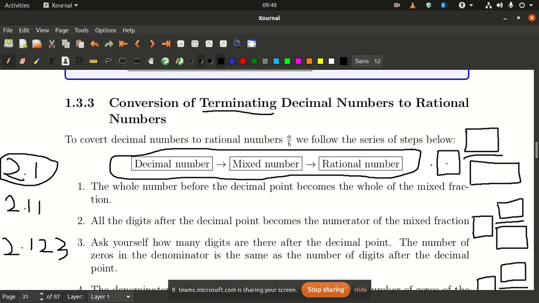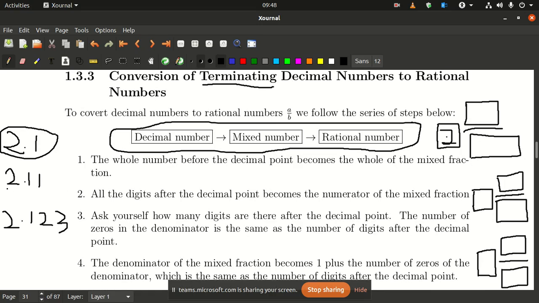This is a mixed number. Now, how do you convert the decimal to a mixed number? The number in front of the decimal point is the whole part, so you take it and place it here. So this 2 here goes inside here. That is the whole part.